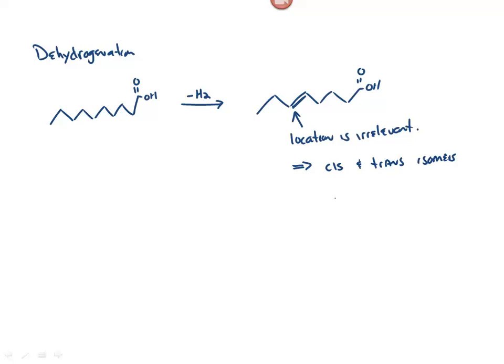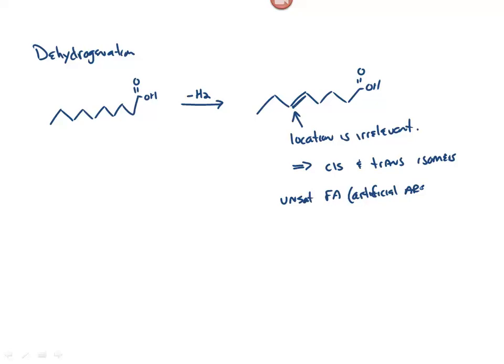And so one of the reasons that artificial unsaturated fatty acids are bad is because they tend to make a lot of the trans isomer.